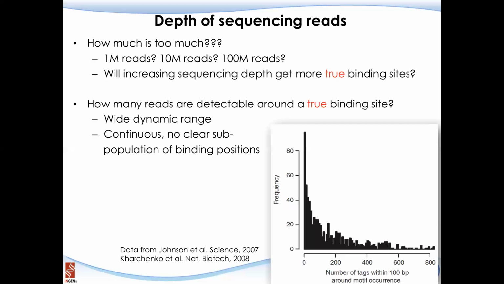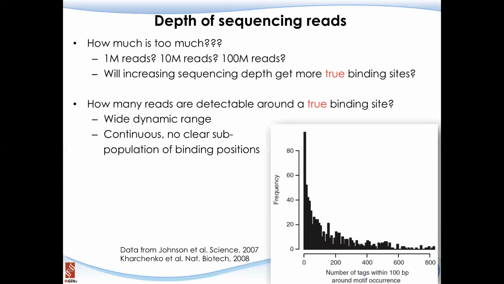If you get more sequence, probably I can expect more tags here and more tags here. But does it help you get more here? No, they were already identified, so maybe not. Also, these sites have very few tags showing the binding site, which means they may be weak binding sites, or maybe false positives.